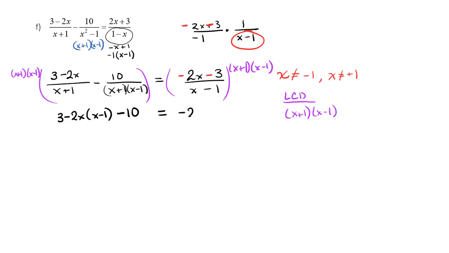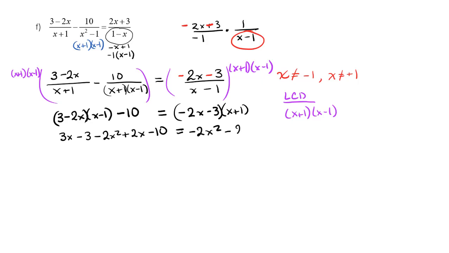Equals (−2x − 3) times the x minus 1's divide out, and we're left with an x plus 1 as our multiplication. Multiply those binomials together. I'll have 3x − 3 − 2x² + 2x − 10 equals −2x² − 2x − 3x − 3.